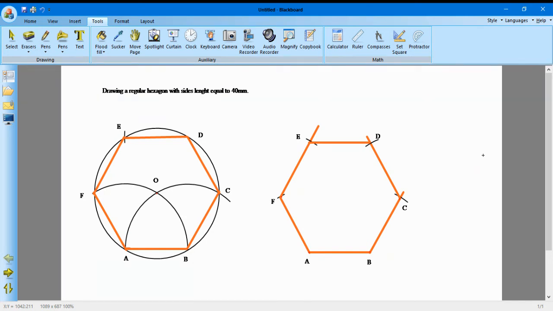For you to be able to construct a regular hexagon using sides equal to 40, and you can also employ it in every drawing you're trying to do with hexagons that have equal sides. For example, you could draw a regular hexagon of sides equal to 30, or you could draw a regular hexagon with sides equal to 50, 60, or bigger. The bigger the drawing is, remember it will take more space.